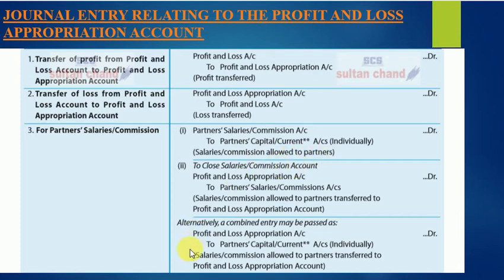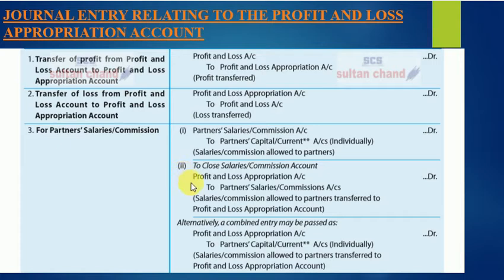Now, after allowing the salary and commission, in entry 3.1 we have narrated the salary or commission allowed to the partners. In entry number 3.2, the salary or commission which is allowed to partners is now transferred to the profit and loss appropriation account.